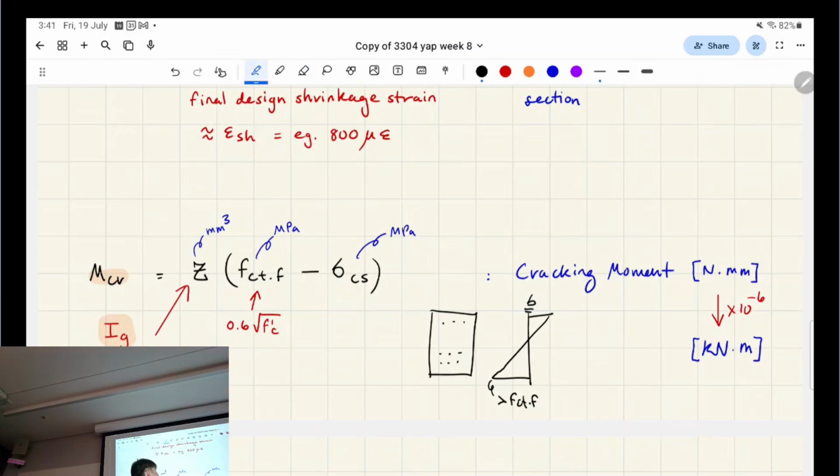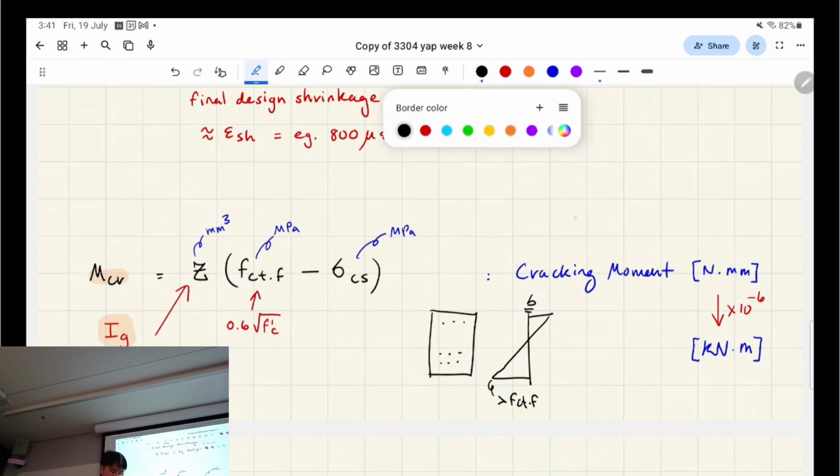What's f'ct.f? Yes. Oh, flexural tensile strength. Yeah, but you can approximate it using this one, right? If you remember. So once this outermost tensile fiber reaches this, that's what we consider cracked. So that is what determines the cracking moment. Okay.